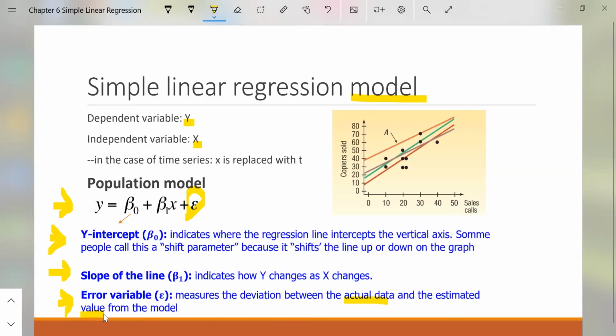So it's basically the residual we've been talking about for quite a while. Okay, the error is always not the mistake, but this difference between what we actually observe and what we can predict or estimate using the model we decided to pick, okay? So that's the model that will be applied to data.